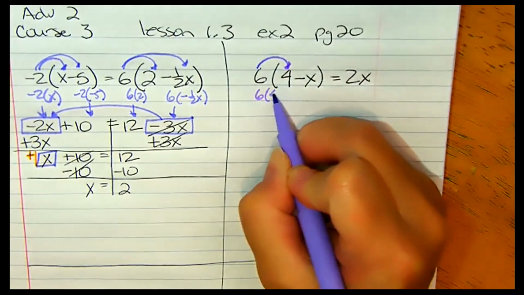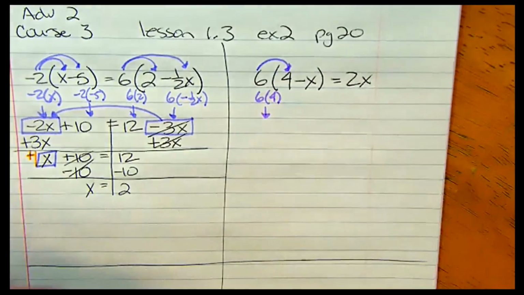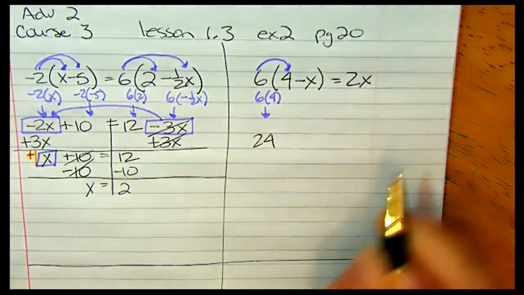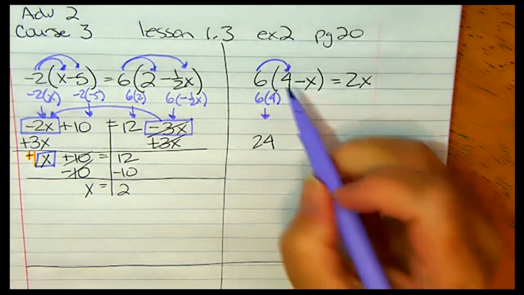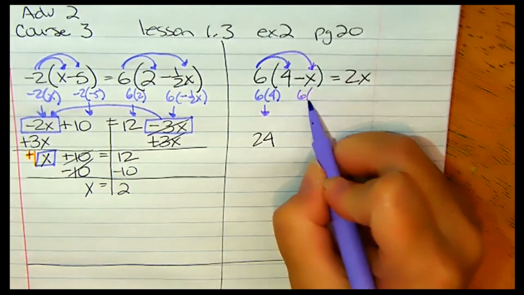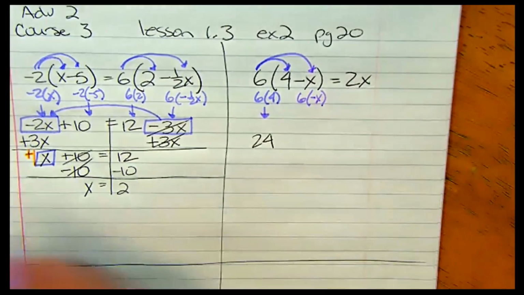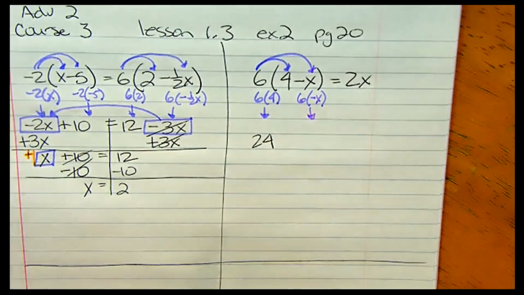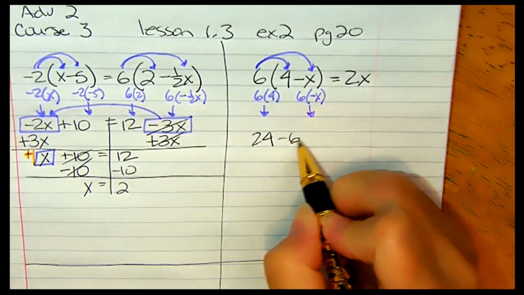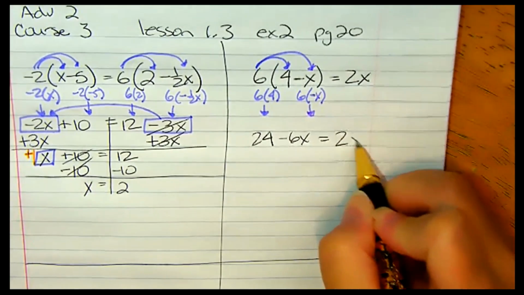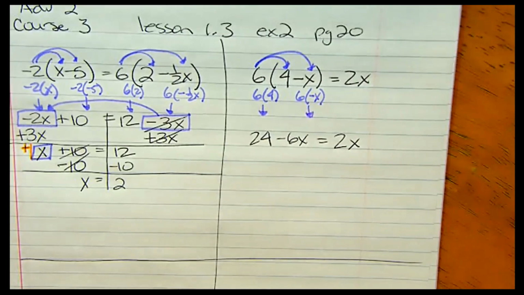This is 6 times 4. 6 times 4 is 24. Then we have 6 times negative x. 6 times negative x is going to be negative 6x equals, everything else comes down.